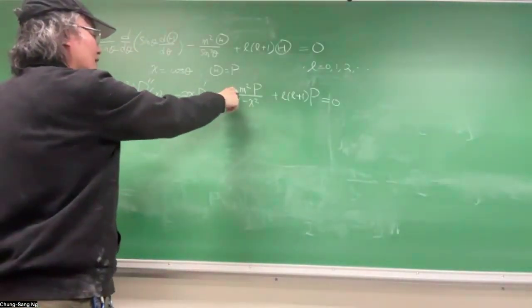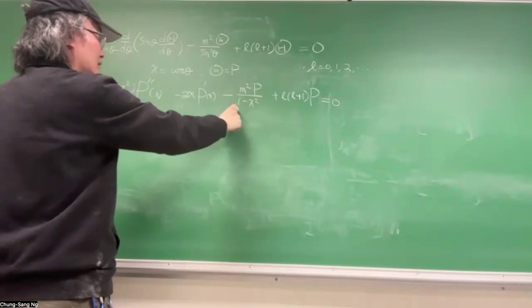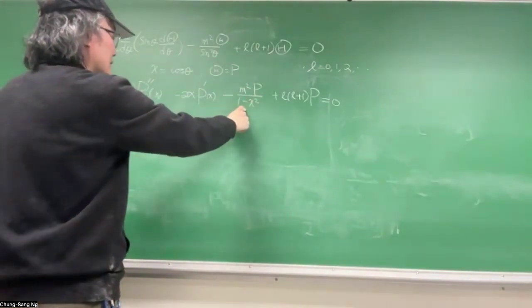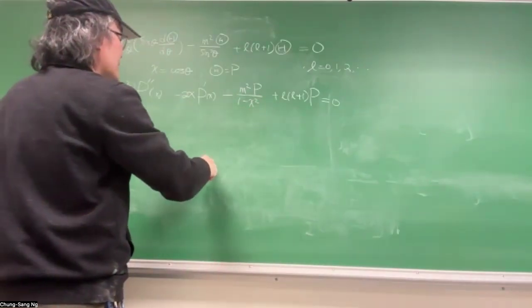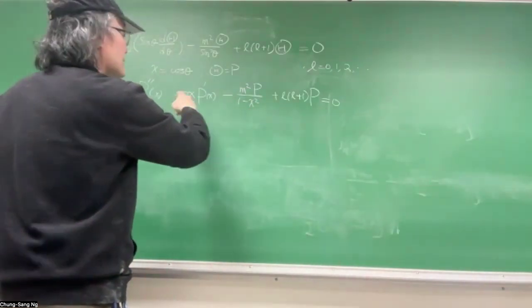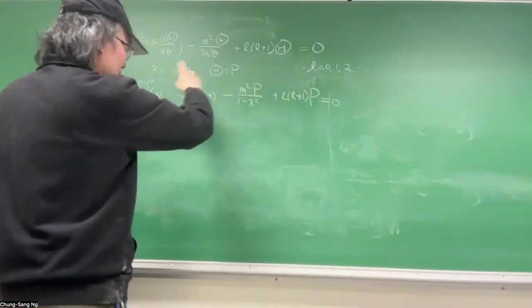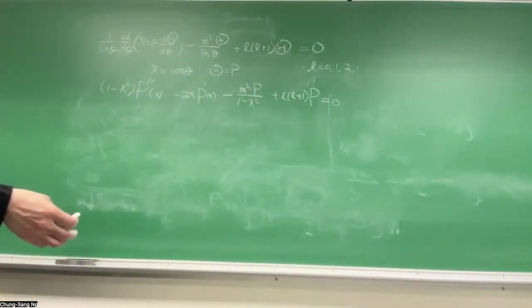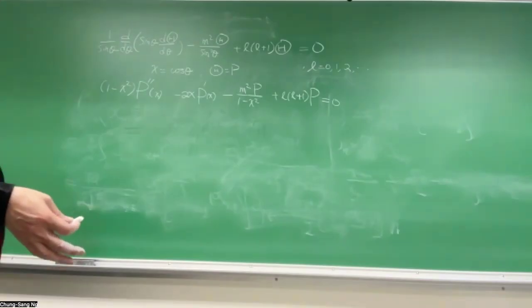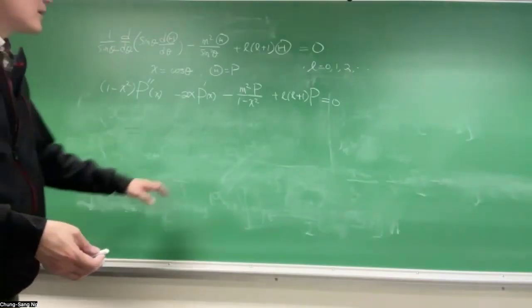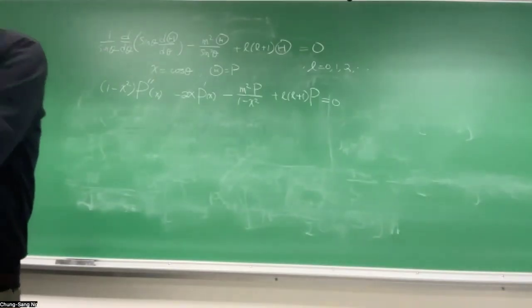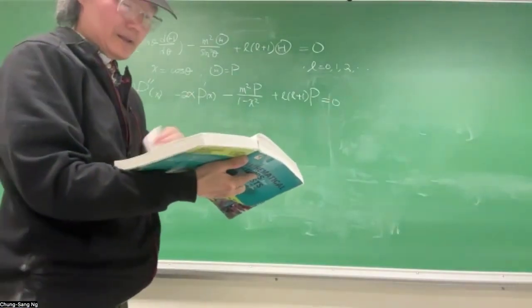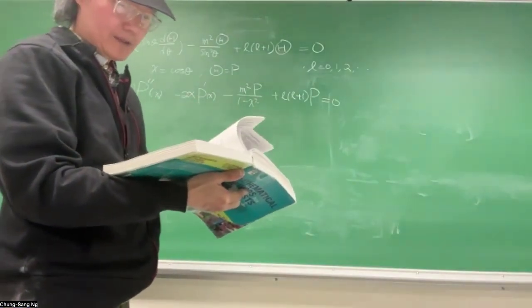And we see that there are some properties related to the polynomial. Then for finite m, because of this factor, which will come into the solution, the solution is not purely a polynomial. It's a polynomial multiplied by some fractional power of 1 minus x squared. Those are called Legendre functions.